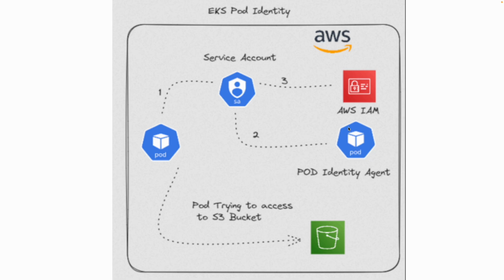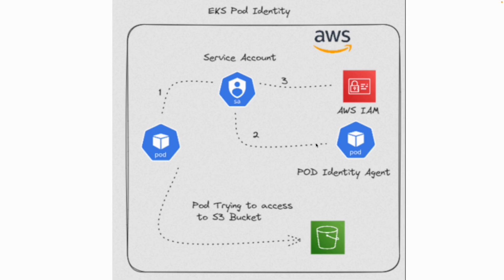Using EKS Pod Identity, we have a pod which is running as a daemon set in each node inside your cluster. This agent is the one which will help the service account to get access to AWS services.